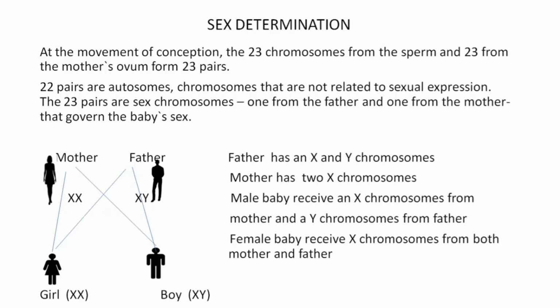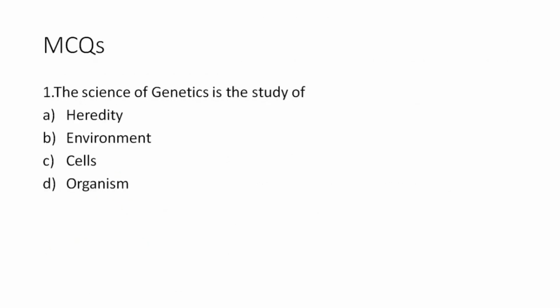Initially, the embryo's rudimentary reproductive system is no different in males than in females. About 6 to 8 weeks after conception, male embryos normally start producing the male hormone called testosterone. Exposure to steady, high levels of testosterone results in the development of a male body with male sexual organs.